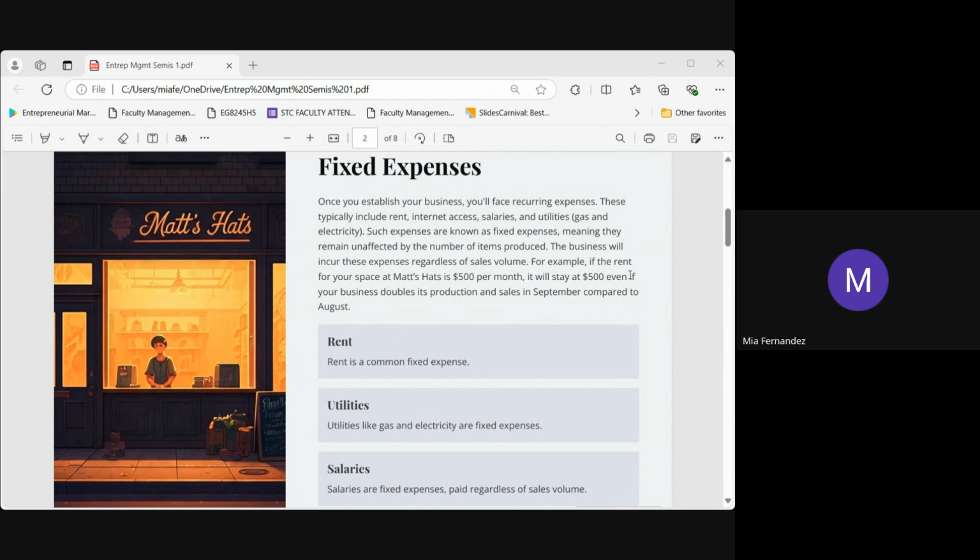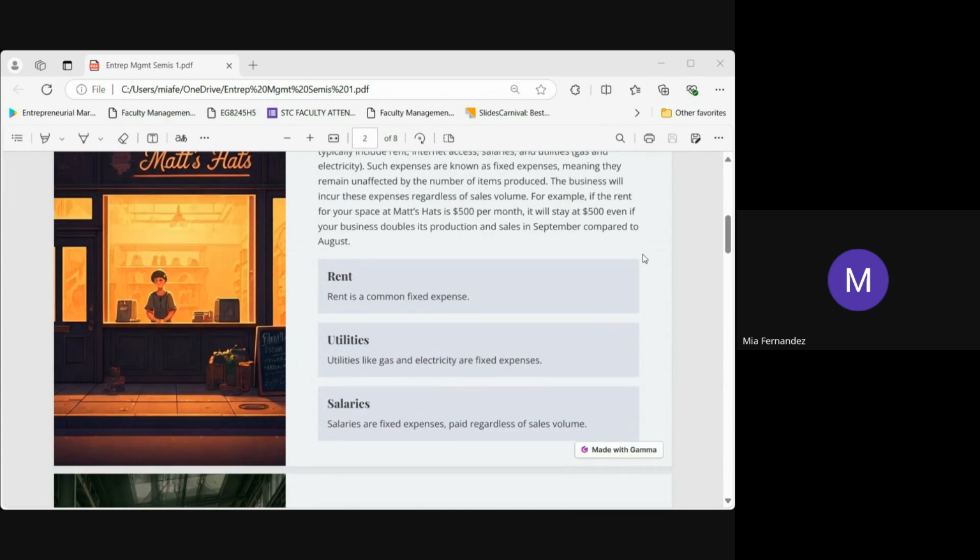One example is the rent. Kahit na kunwari sa August hindi ka nakabenta, kailangan mo pa rin magbayad ng rent fee mo for the month. Gano'n din sa mga utilities such as your electricity, your water bill, your internet, your gas.